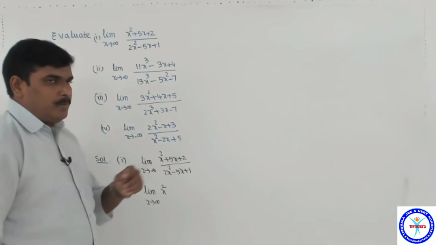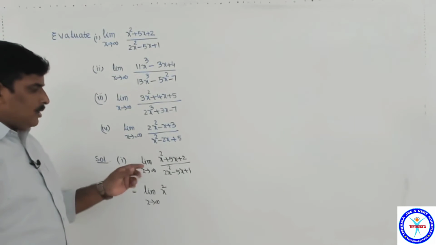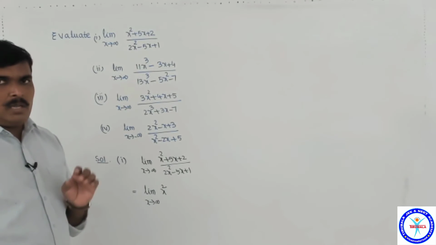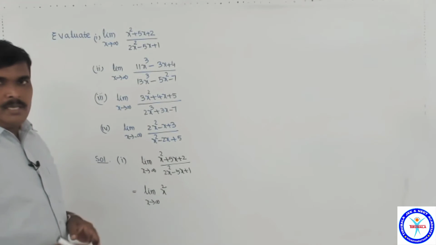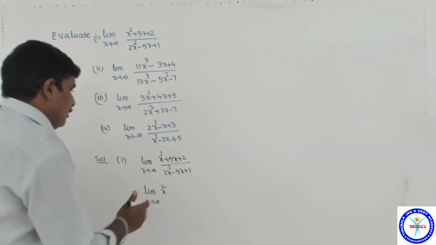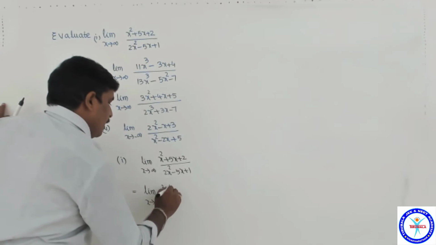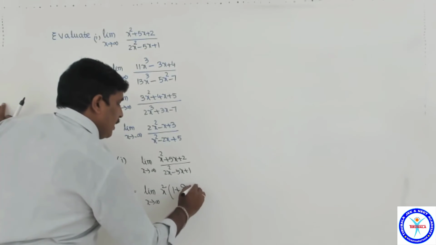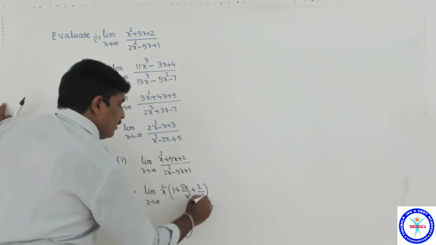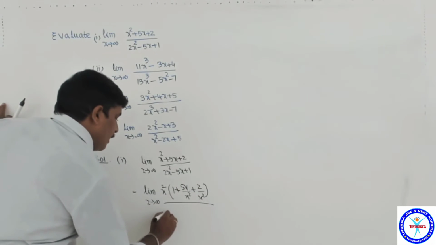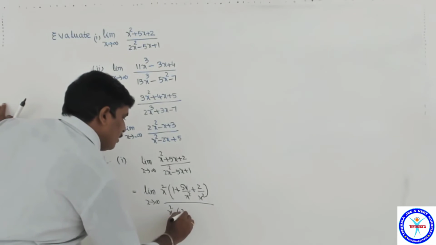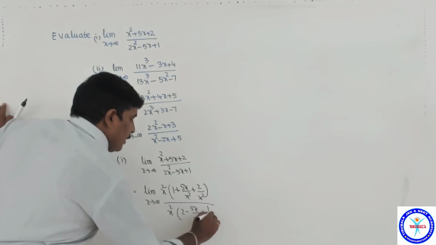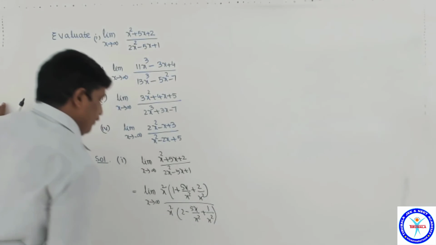See, this is a quadratic polynomial. So in quadratic, cubic, biquadratic, whatever polynomial it is, first take common the highest power. Then we get x square into 1 plus 5x by x square plus 2 by x square, divided by x square into 2 minus 5x by x square plus 1 by x square.